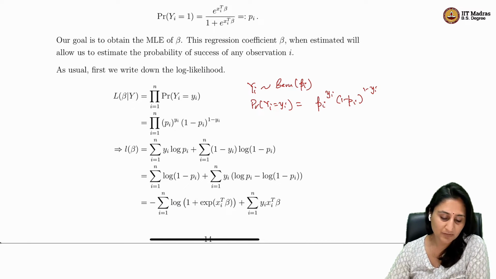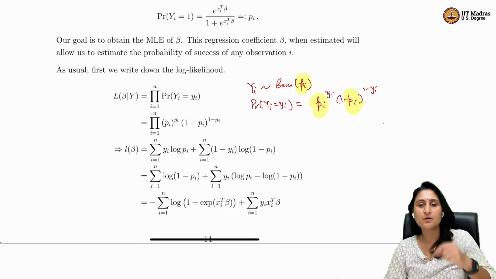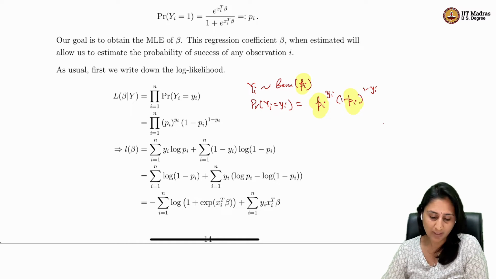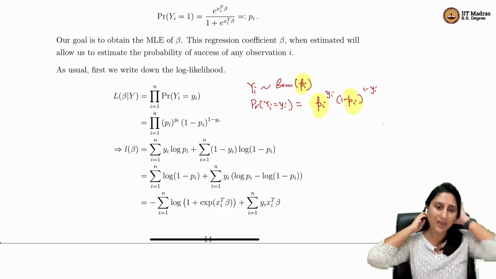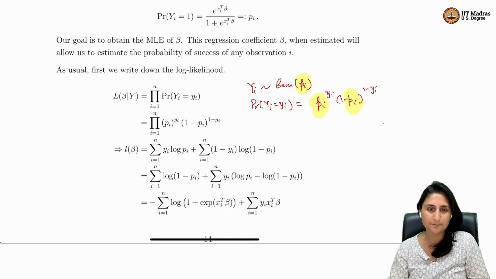What we have to keep in mind is that the probabilities of success are pi and not p. So every individual i has a different probability of success, and we need to keep that in mind. So now I have the product, i going from 1 to n, of pi to the power yi, 1 minus pi to the power 1 minus yi.